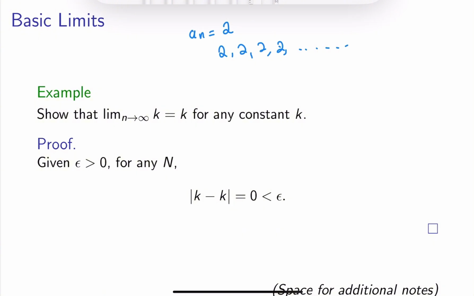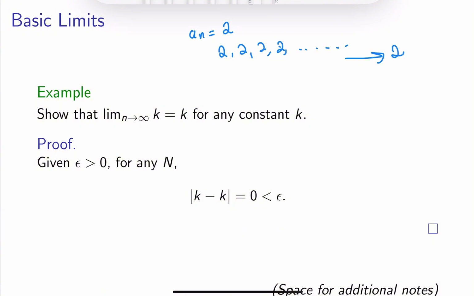So this is a sequence, right? And you're asking, where is this sequence going? Well, intuitively, if all of them are 2, then as we go with big indices, you expect this to go to 2, right? So how would we prove this using the definition of convergence, or mathematically?